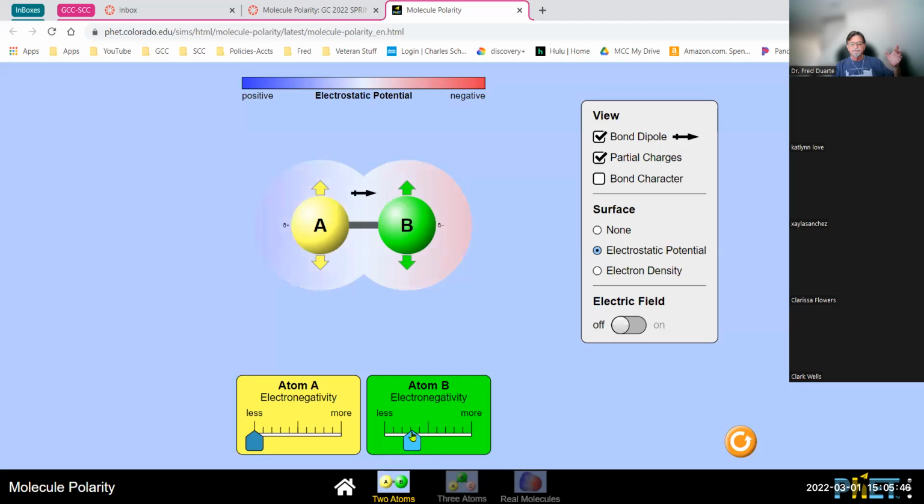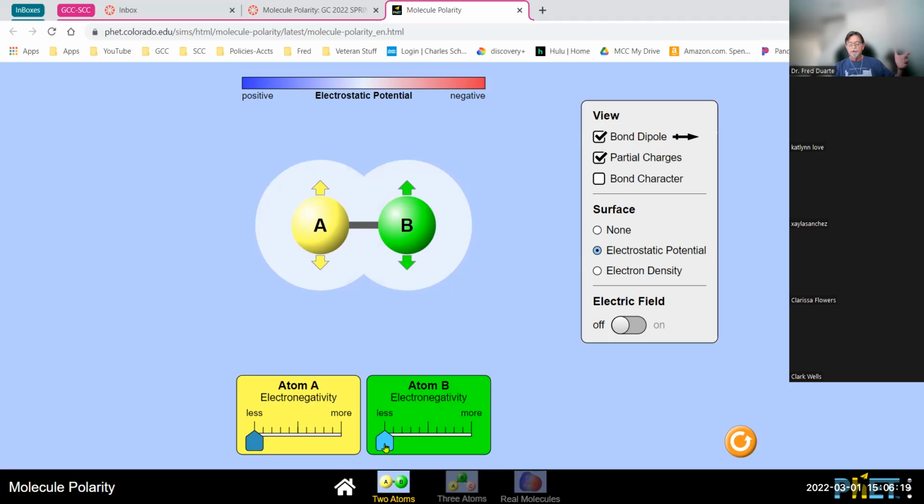Let's grab it again. We start moving B over to the far right, because the electronegativity is increasing. In other words, maybe I select a different element that has a higher electronegativity. This could be 2 carbons bonded together, A and B. Notice equal pull in that bond, it's a covalent bond, equal pull. Then maybe I can switch B over to nitrogen.